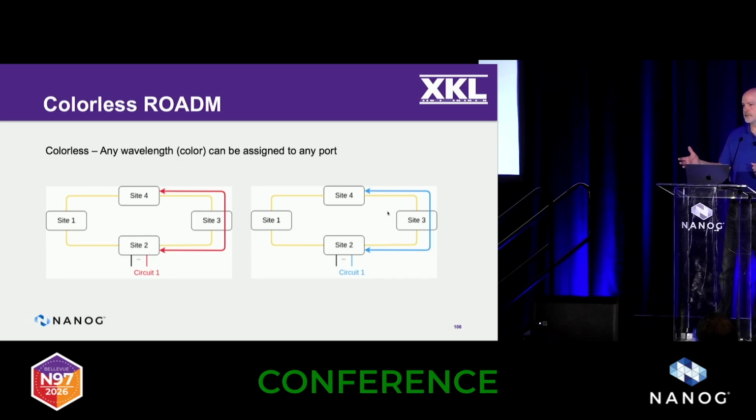And for whatever reason, I don't want red going through site 3 to go to site 4 anymore. I want to change the frequency. I don't have to go out there. I don't have to send anybody out. I don't need to change any of the optics. I retune my optics, and I talk to the WSS, this colorless ROADM, and I can say, hey, this is now blue going through here. That's what colorless means.